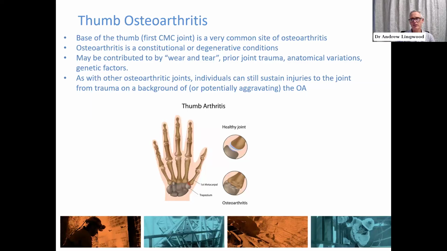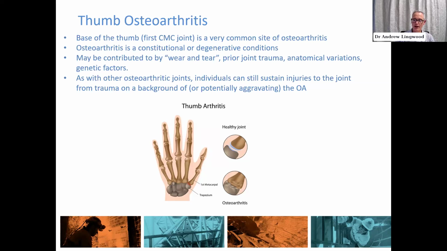Now, osteoarthritis, of course, itself, is a degenerative condition. It is an age-related constitutional or degenerative condition. So it is not a condition that is primarily caused by work or any other activity for that matter. The slight asterisk that we have there is that if a person does have a broken bone in the region, particularly if the fracture goes into the joint, then it is common, because of the little bit of joint irregularity that can occur from that, that can actually progress the natural development of arthritis.